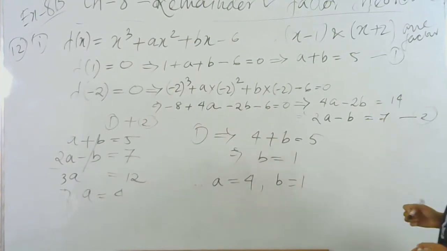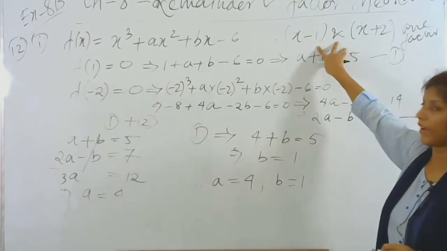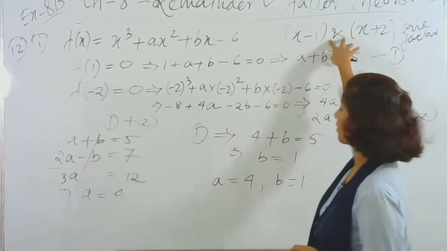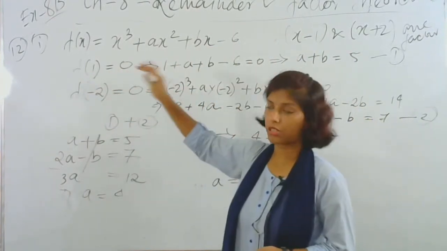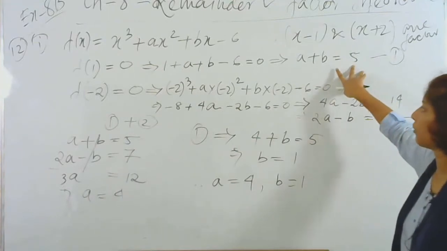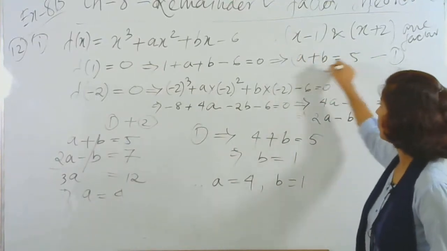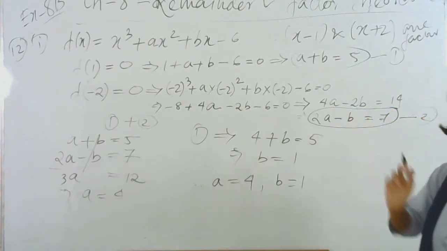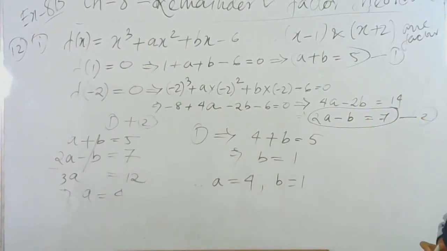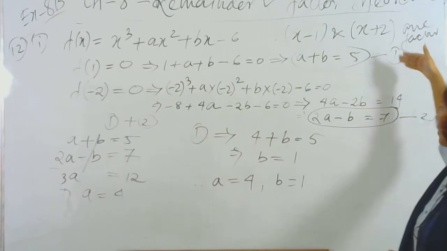What is the method? First, for whatever factors are given, you put the remainder: f of 1 equals 0, f of minus 2 equals 0. From here, you can calculate and simplify into 2 linear equations in reduced form. Then you can use the elimination method.